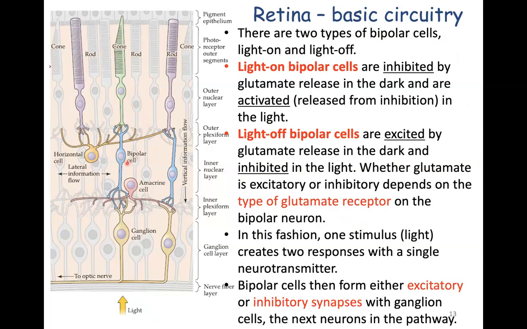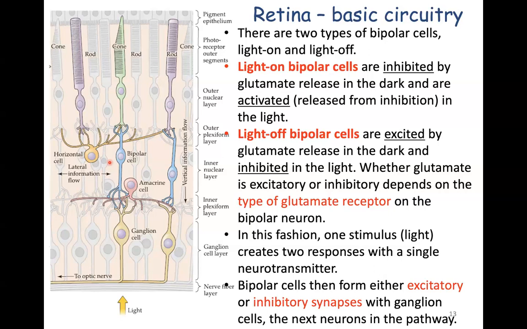On the other hand, if this was a light off bipolar cell, it would be excited by glutamate release and inhibited by the light. So whether glutamate acts as an excitatory or inhibitory signaling substance depends on what bipolar cell it's actually landing on.